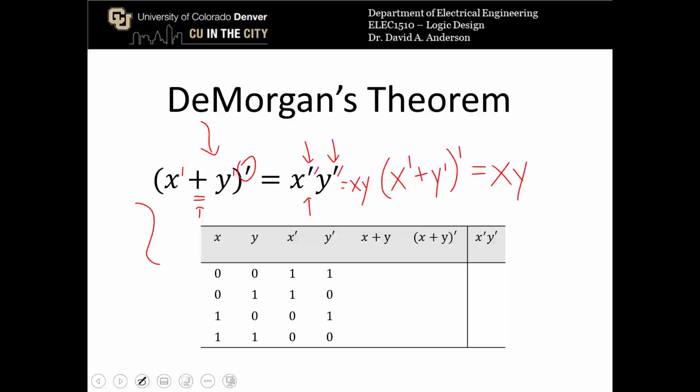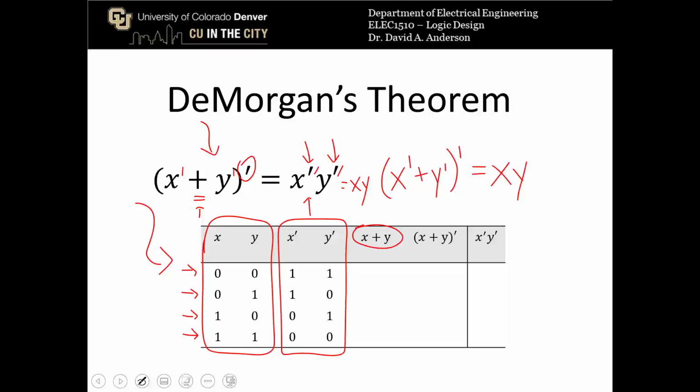And let's prove that using a truth table. So x and y can take the following states. They can both be 0, x can be a 0 and y can be a 1, x can be a 1 and y can be a 0, or they can both be a 1. Now I've written out both their corresponding complements as well. So x or y, this term, is going to be a 1 if either one or both of the input variables, x or y, is a 1. So that's going to be 0, 1, 1, 1.